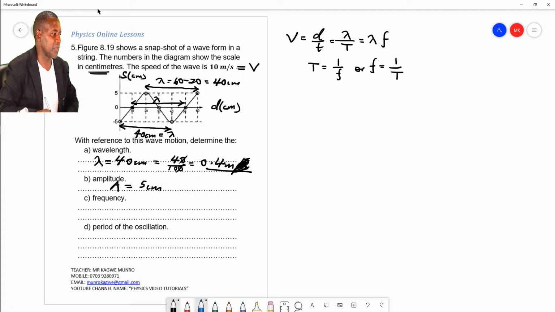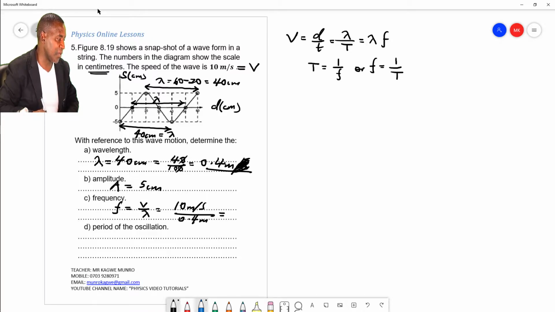We want the frequency. What do we have? We've got wavelength and v. So that means the frequency must be the speed over the wavelength. The speed is 10 meters per second and the wavelength is 0.4 meters.